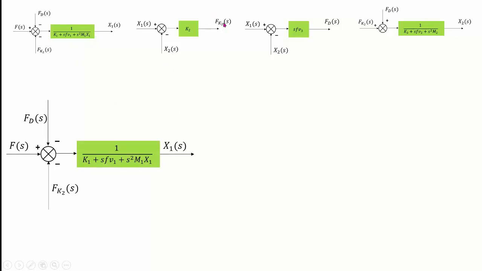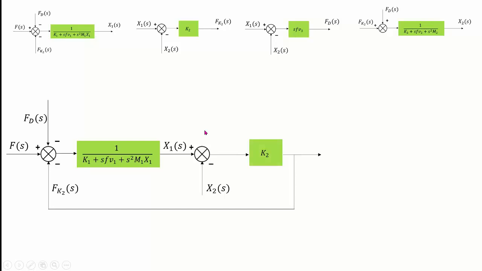Now Fk2 in this block, the force produced because of spring K2, is also being fed here, while Fd is coming from this point. The signal will be taken from this particular point and fed here. Likewise, a signal at Fk2 will be taken and fed here. So we represent this in this manner.